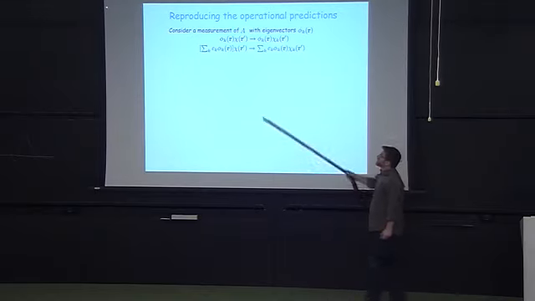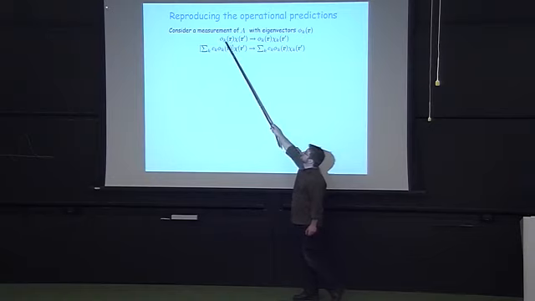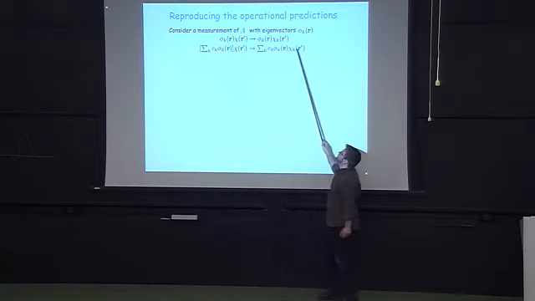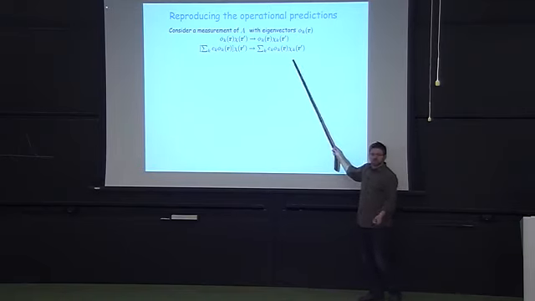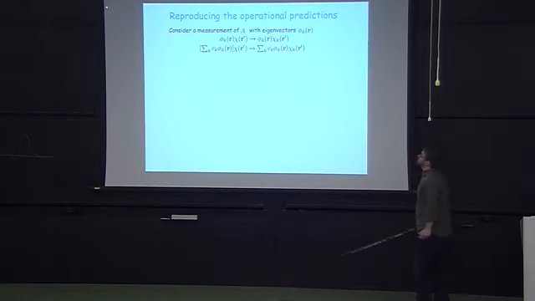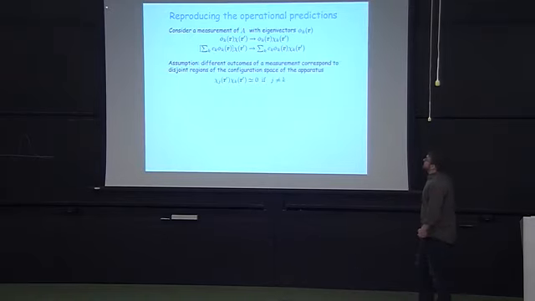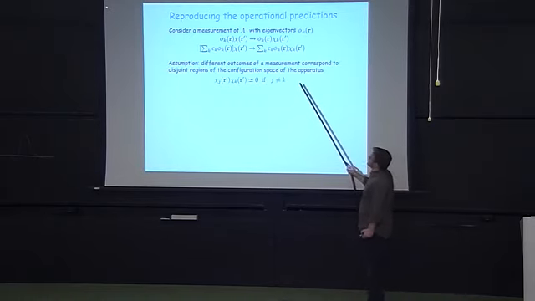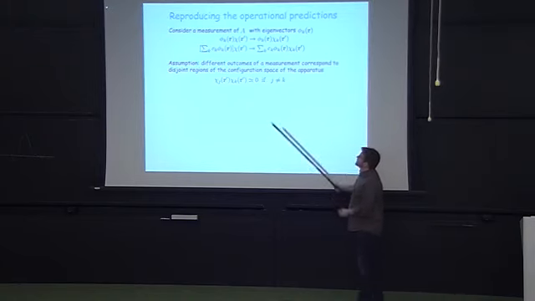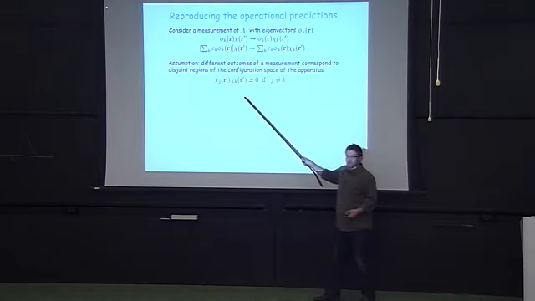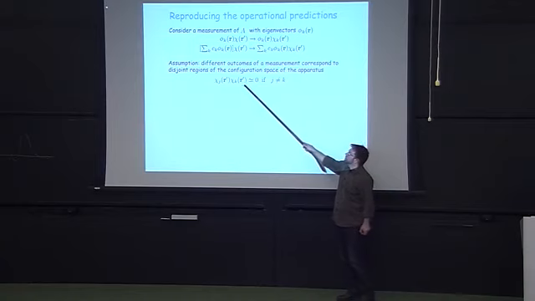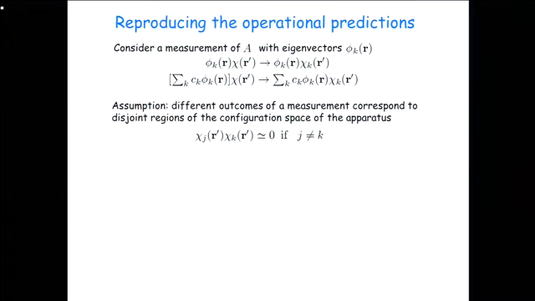Of course, if we start out in a coherent superposition of these phi k eigenvectors of A, then we evolve to this entangled state between the system and the probe. And that's where all the problems, the measurement problem, the Schrodinger cat stuff came in previously. So now, if you make the following assumption, that your apparatus is such that the different wave functions corresponding to different outcomes are not only orthogonal in Hilbert space, but they're also non-overlapping in configuration space.